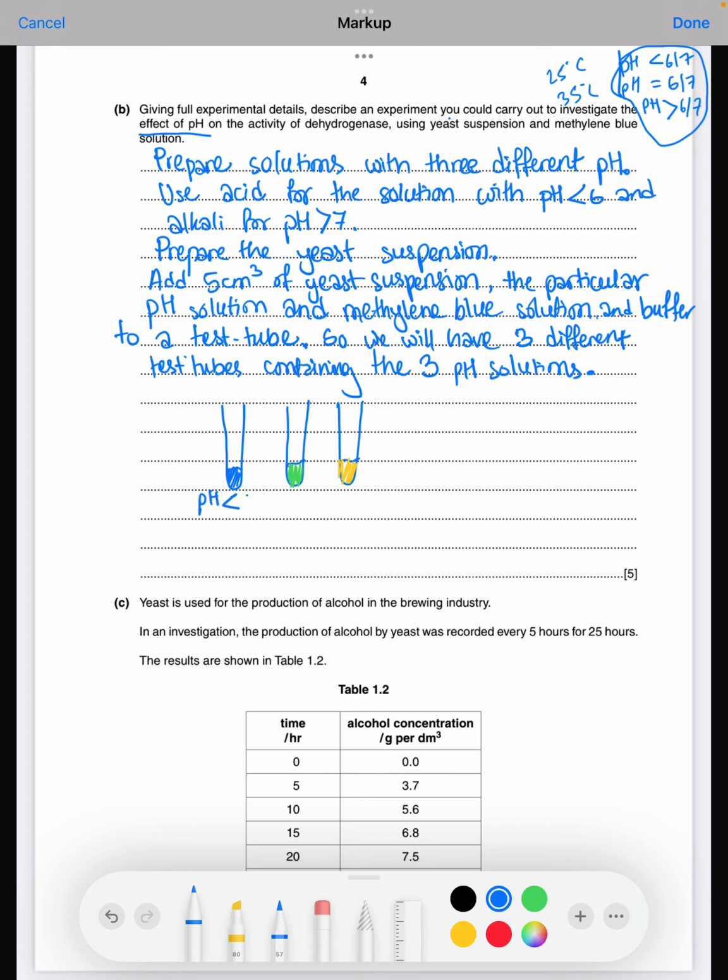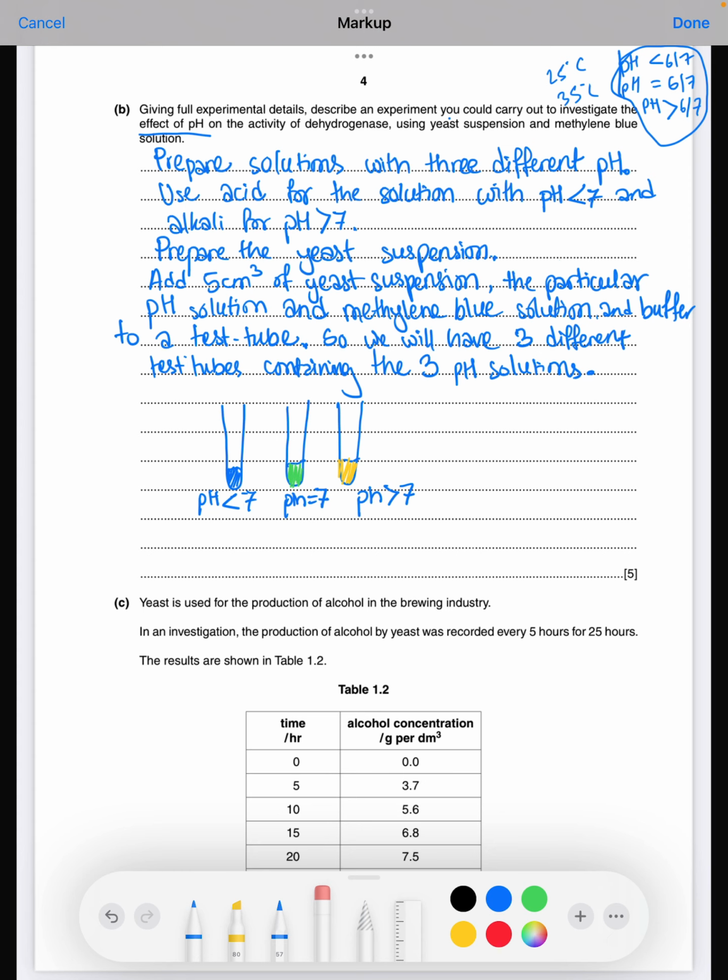Peach. Let's write 7. Okay. Now, we are almost done though.